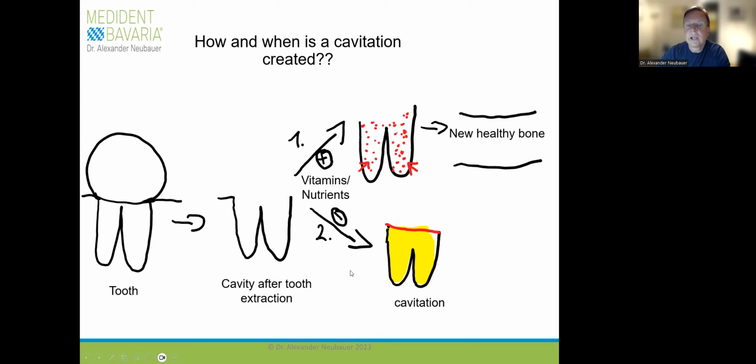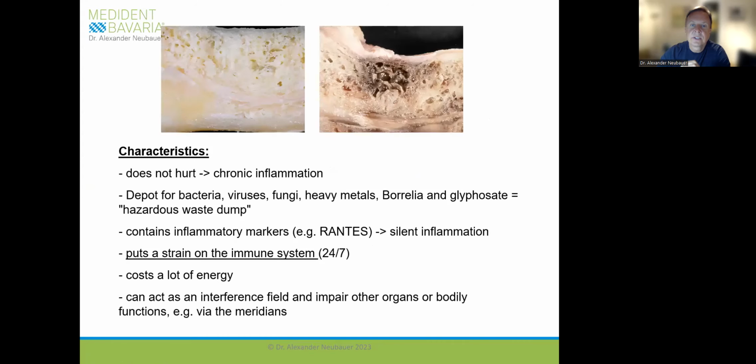I will show you in the second phase why the proper wound healing did not work in this case. So let's start with the characteristics. Again, on the left side, you see the healthy jawbone, and here you see the typical cavitation inside the jawbone. So what about the characteristics? A cavitation does not hurt.